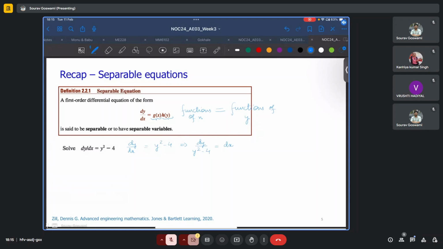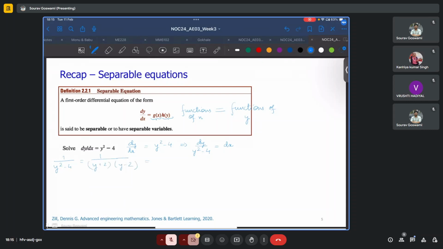And we can in fact factorize the LHS term, which is 1 by y square minus 4. So as some of you might be aware, of course, if we just expand, this becomes y plus 2 times y minus 2.